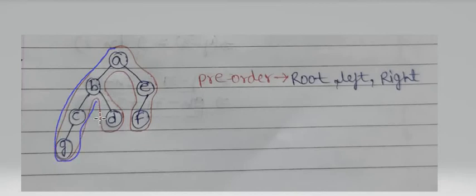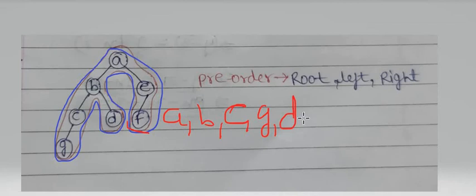Then we just write each and every node in the order we have drawn. So A, B, C, G, and then D, and then E, and then F. These are the pre-order.